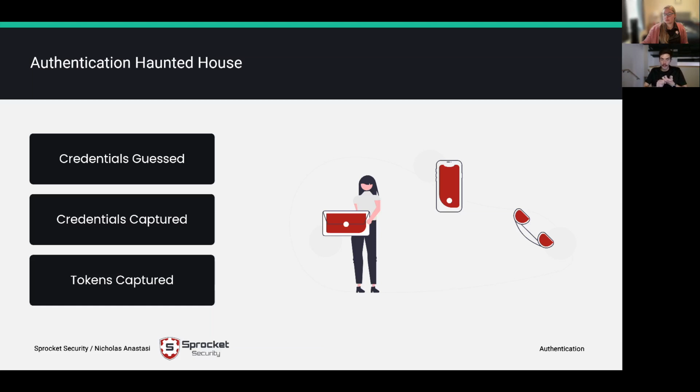Additionally, captured credentials. So this hinges on social engineering. If we were able to coerce a user into entering their credentials or providing them in some way, shape, or form, how do we leverage them then when the user has multi-factor authentication enabled? And finally, and in the same vein, is the theft of tokens.